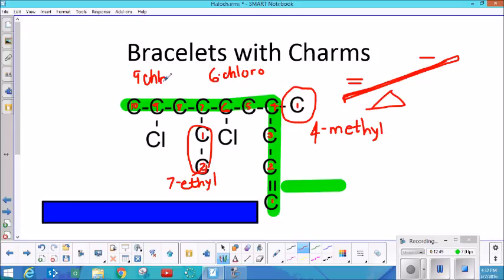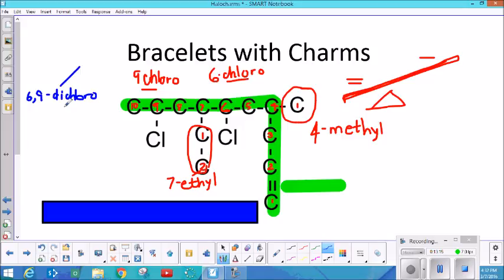Now, whenever we have something that is the same, see, I have a 6 chloro and I have a 9 chloro, we put those together. So I would have a 6,9 dichloro. Now, where did I pull this di out of my hat?